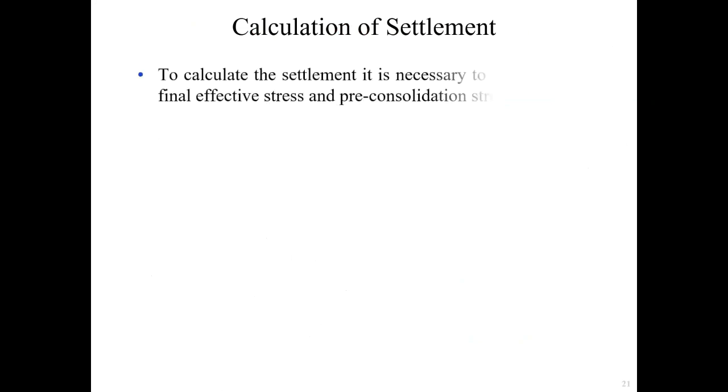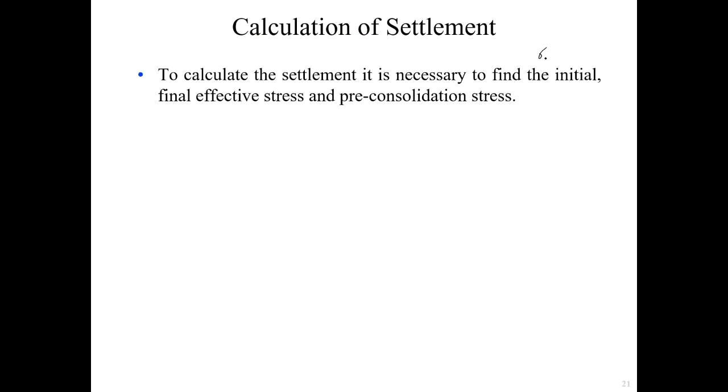For the calculation of the settlement, here are some points to note. Normally we need to find the initial and final vertical effective stress and the pre-consolidation stress, and then we will know their relative position, like I said before.